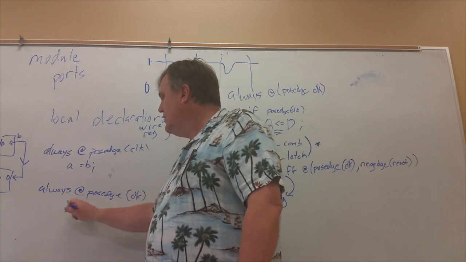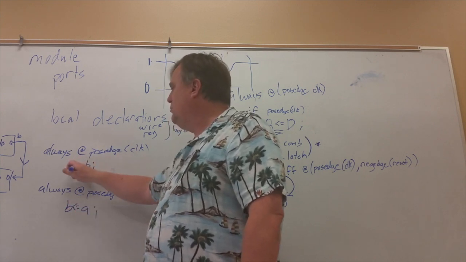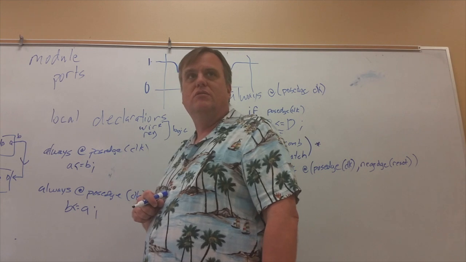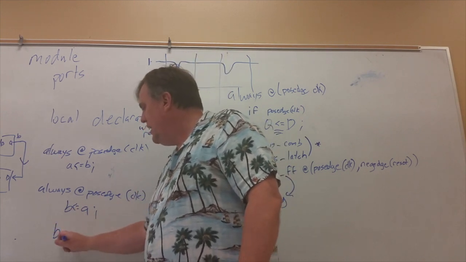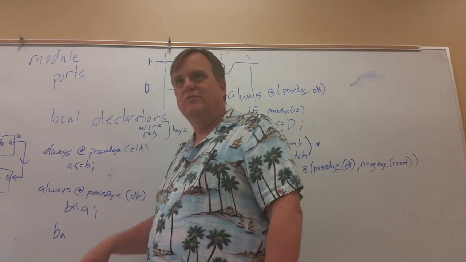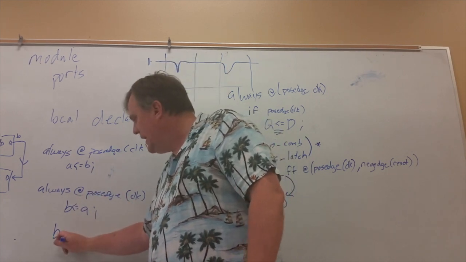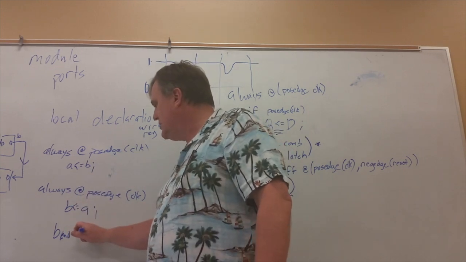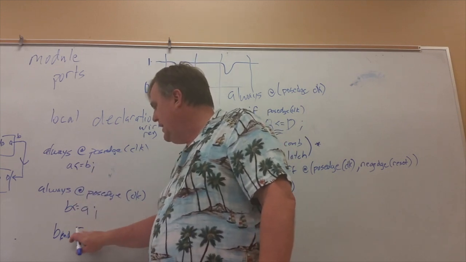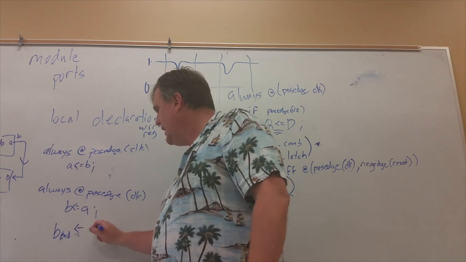However, if I use a non-blocking assignment, what it does is this says B at the end of the clock, so maybe I'll just put end, end of my time period, gets the value of A, I'll just do an arrow, at the start.